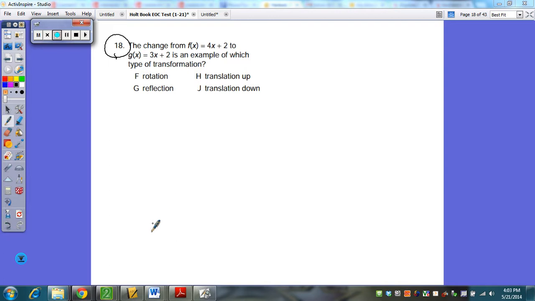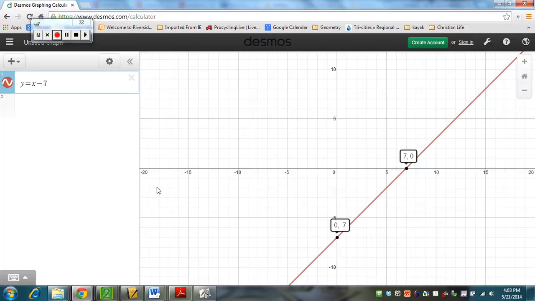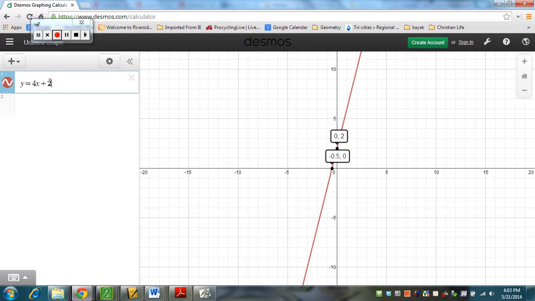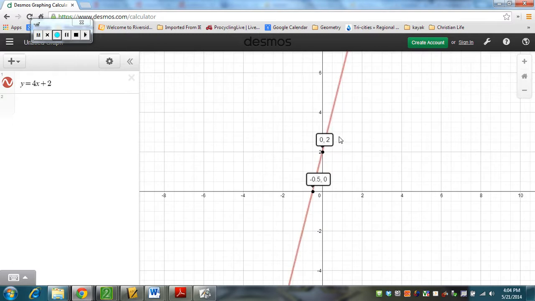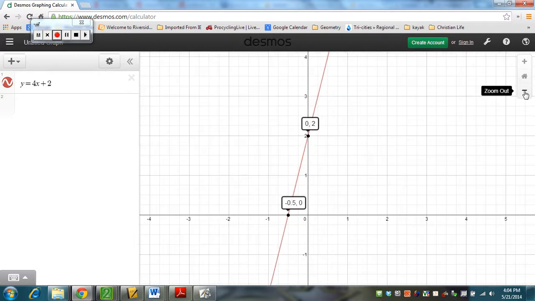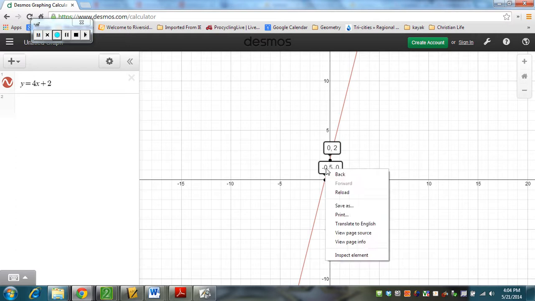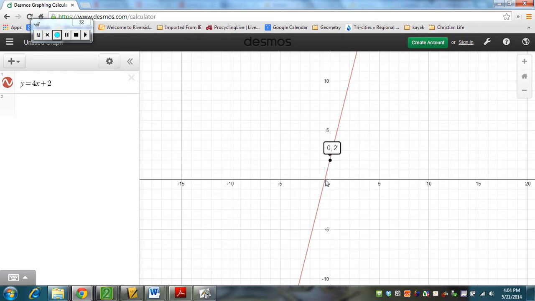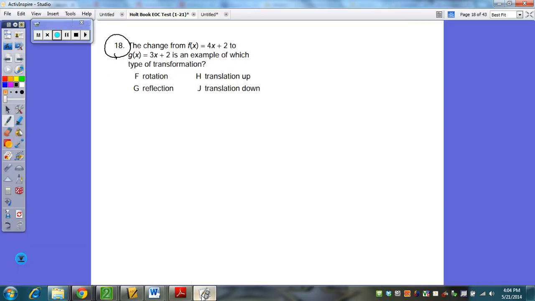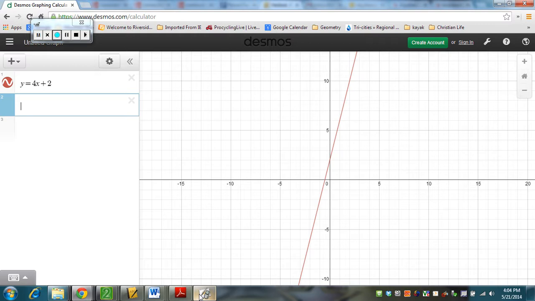Okay? But let's come back here for a second. We have here the graph of 4x plus 2. Okay. So now we have 4x plus 2, and we also have the graph of 3x plus 2. Y equals 3x plus 2.